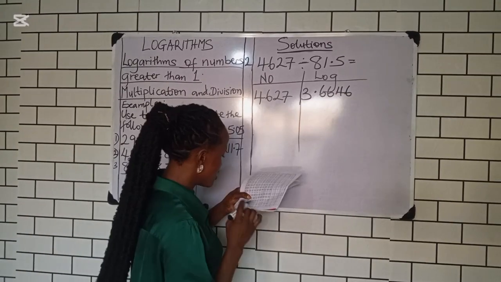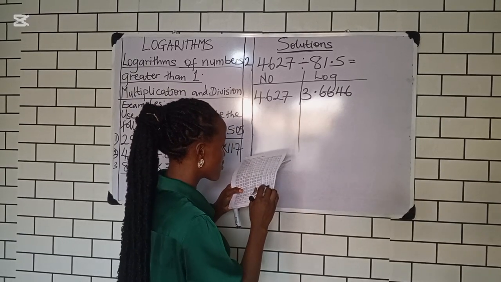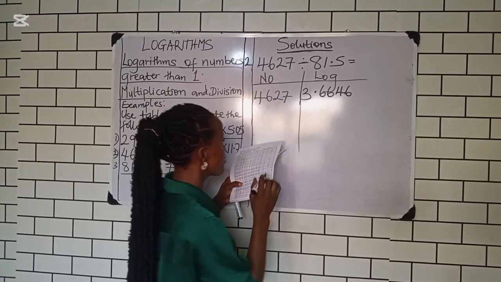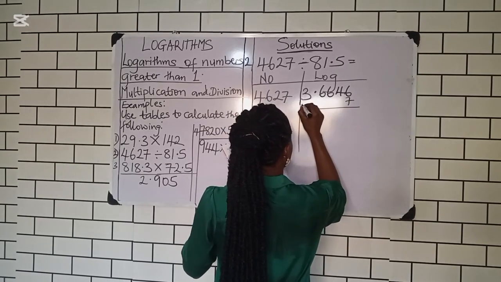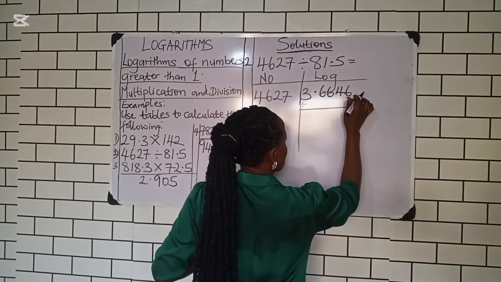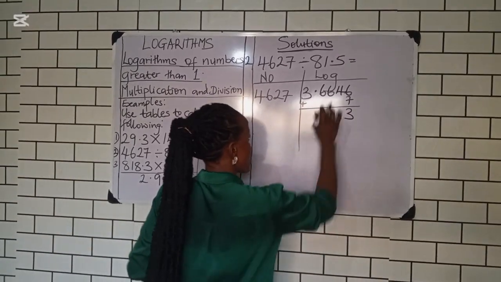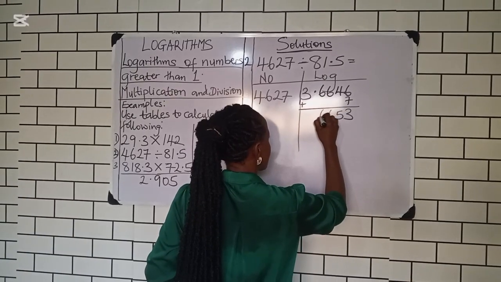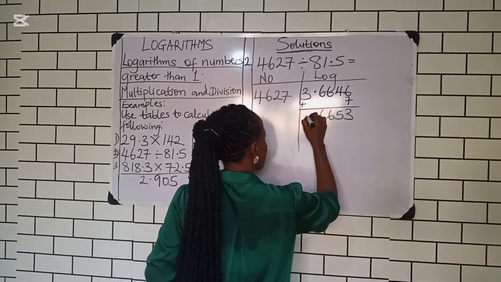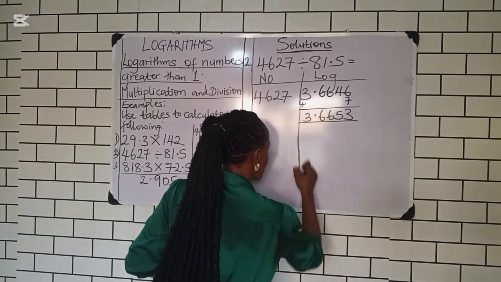The difference of 7 here is 7. Adding the difference, 6 plus 7 gives 13. You write 3, carry 1, add the 1 to this 4, you have 5. Bring down the 6, the decimal point, and the 3. This is our logarithm for the first number.